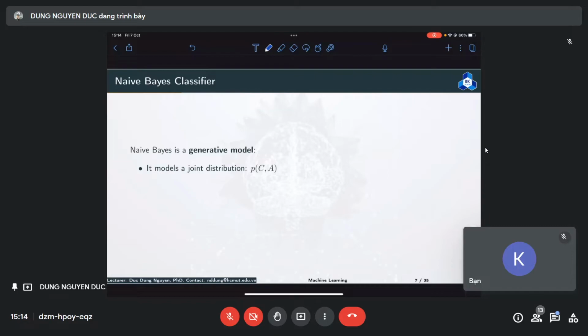Naive Bayes also is, but in order to train naive Bayes and to generate the data very well, you have to think about the inductive bias of the model. Actually, the inductive bias of naive Bayes is very strong, right? It assumes that all the attributes are conditionally independent given the class, which is not valid in real-world settings.